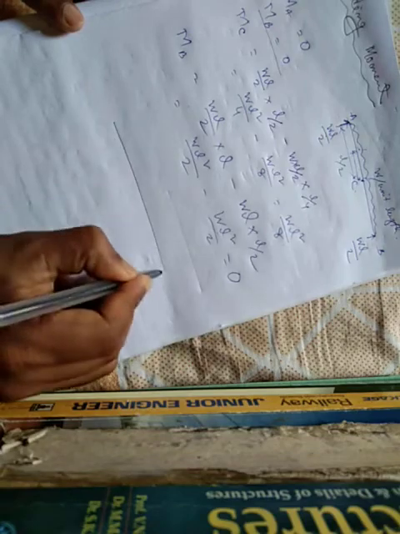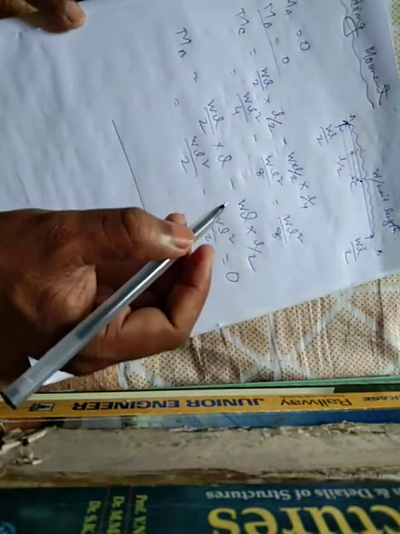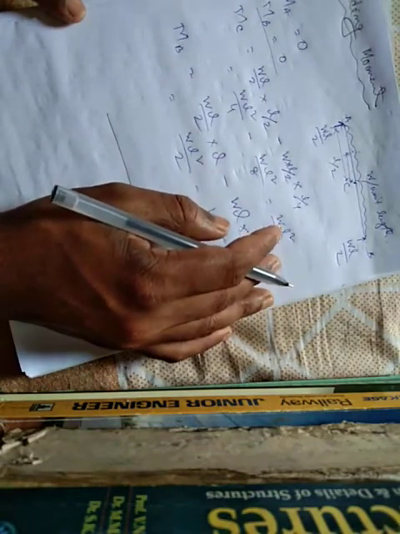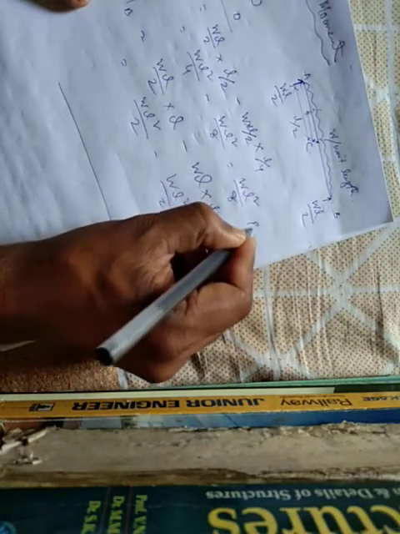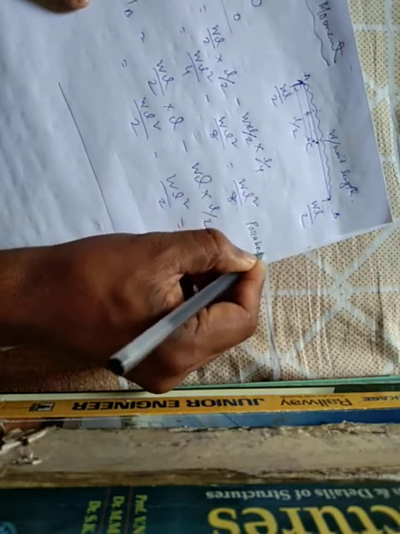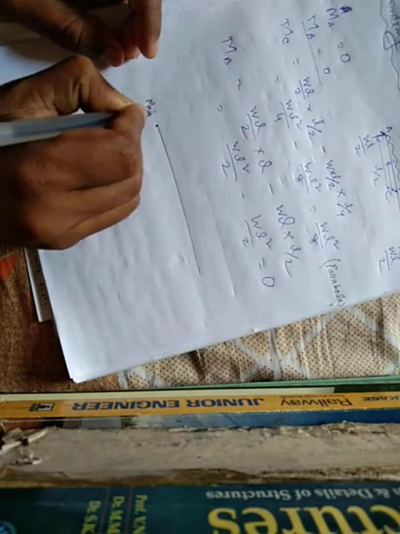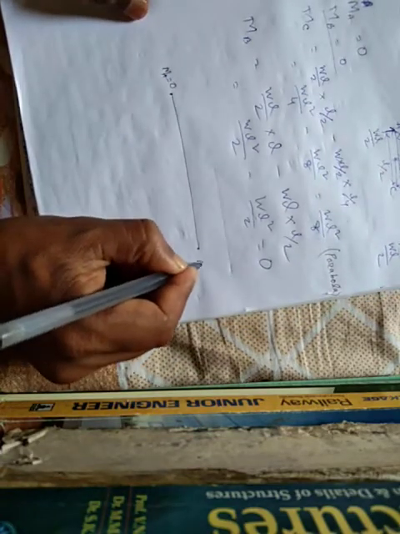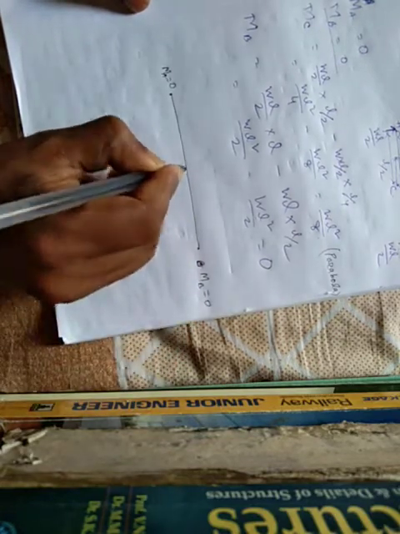Now draw the bending moment diagram. It is also a positive bending moment. It is the equation of a parabola. The shape of the curve will be a parabola. The bending moment at point A is equal to 0, at point B equal to 0. Moment about point C is equal to what?